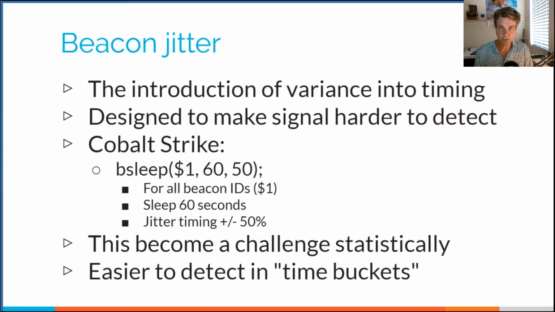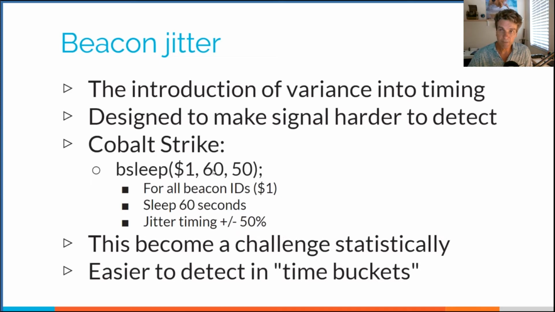So how do you do this? Well, this depends on the command and control tool that's being used. I have an example here for Cobalt Strike. Cobalt Strike uses the bsleep module to identify how long I wait between creating my call home sessions. I can just say, hey, do it every 60 seconds, and that's fine. But it has this third value here I can identify, which is my jitter timing.